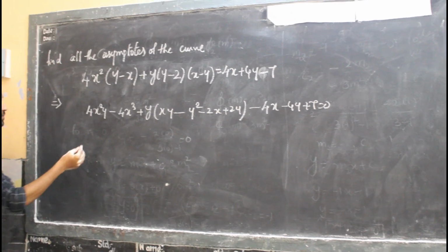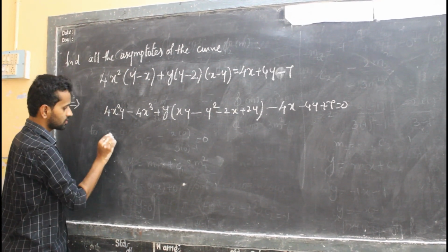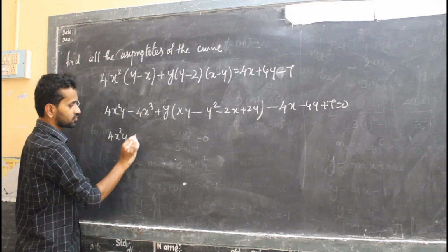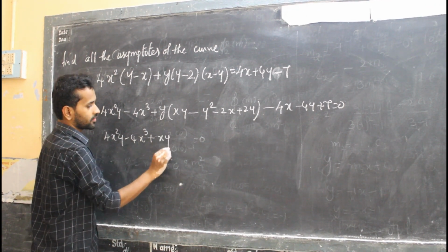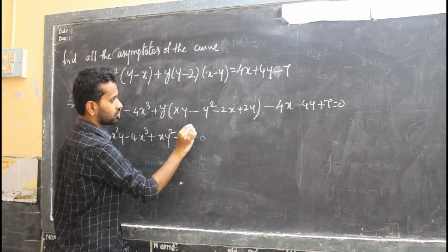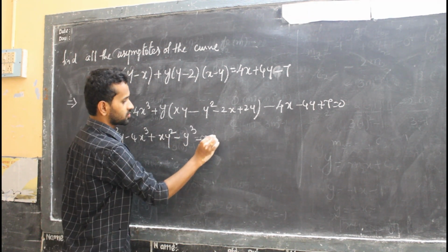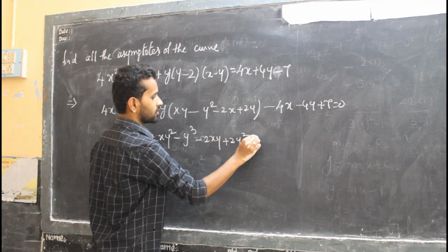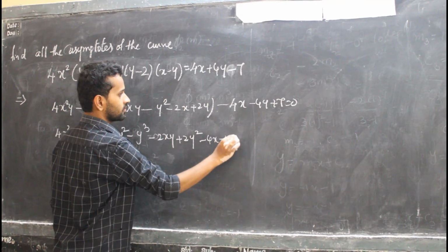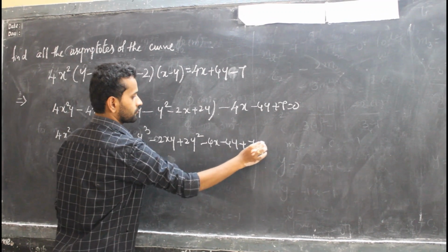Now again further multiply that y also inside, so that becomes 4x square y minus 4x cube plus x y square minus y cube minus 2xy plus 2y square minus 4x minus 4y plus 7 equal to 0.